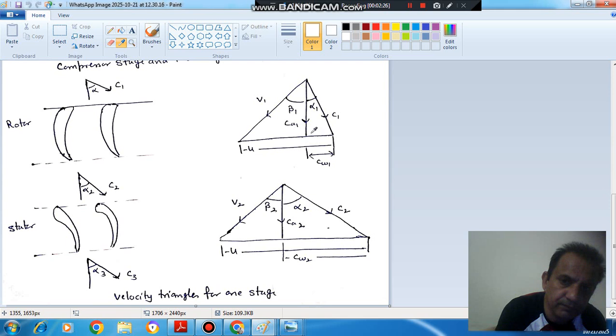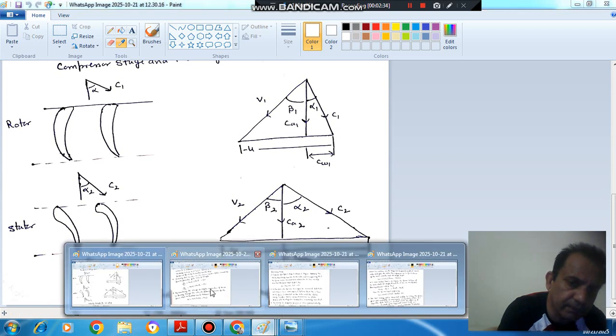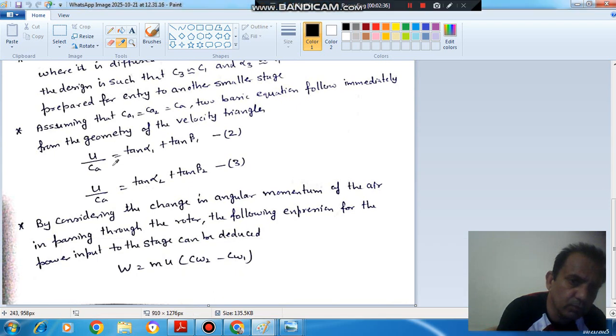And from this part we have CW1 by CA1 is equal to tan alpha 1. If we combine these two parts, then we can write U by CA, because CA1 is CA, is equal to tan alpha 1 plus tan beta 1.